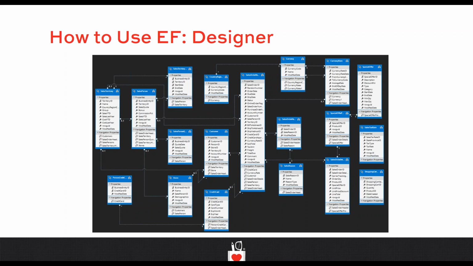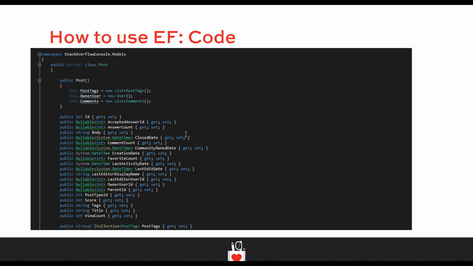Well, a few years back they said, you know, this isn't the best way of doing things. There's a better way of doing it, and that is straight through code. I'm not expecting anybody here to read all this other stuff. It's really not necessary, but it shows that we can now write code as opposed to drawing pictures and lines. So this is right now Microsoft's preferred way of doing mappings and setting up Entity Framework inside their applications.